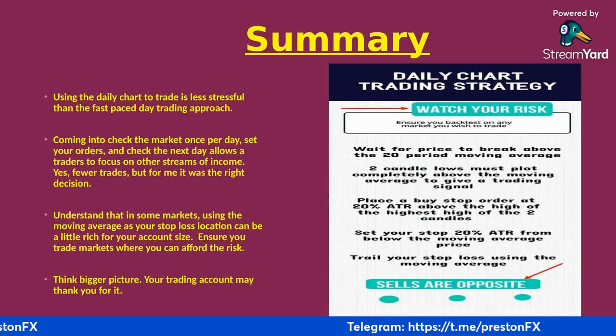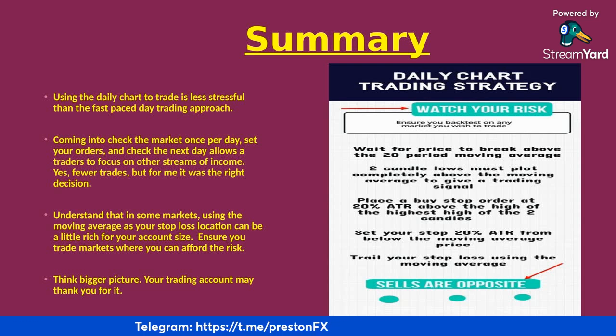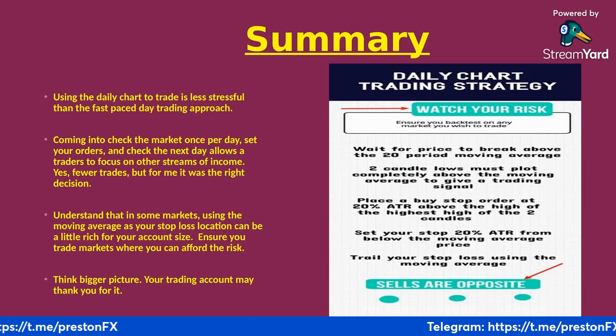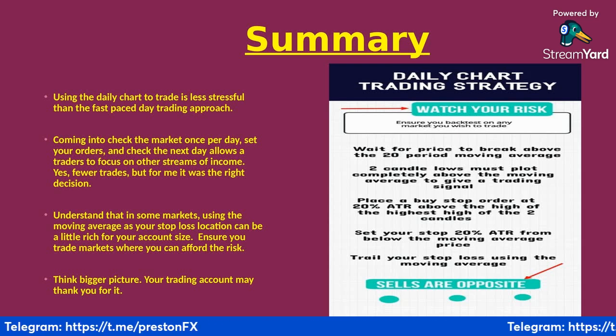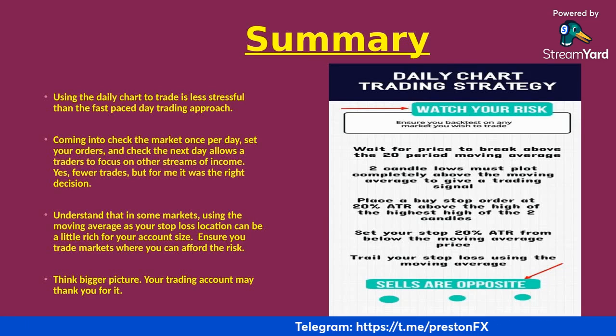So remember, wait for the price to break above the 20-period moving average. 2 candle lows must plot completely above the moving average to signal a trade. That's what I mean by 2 candle lows. This is for a buy. They must completely plot over the 20 SMA. No wicks, no nothing.